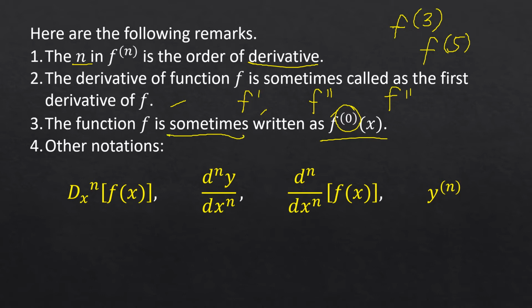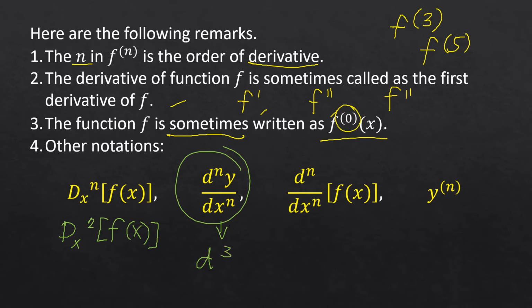Now, in other notations, especially when you're reading other books, you might as well encounter the following. Pag nakita natin ang raised to n dito, ibig sabihin, sasabihin niya kung pang ilang derivative ang kukunin mo. Let's say, for example, may 2 dito. Ibig sabihin, get the second derivative. Dito naman, ito ang pinakamadalas talaga na ginagamit. d raised to n y over dx raised to n.